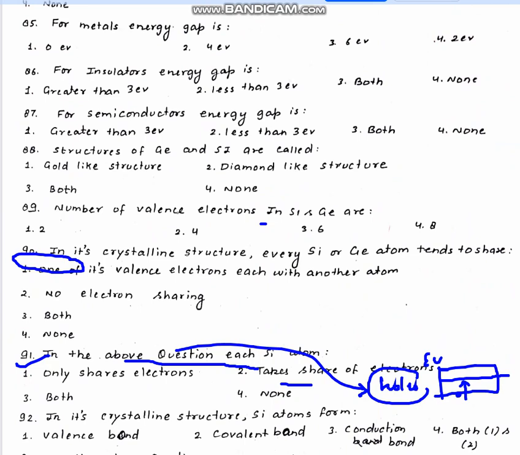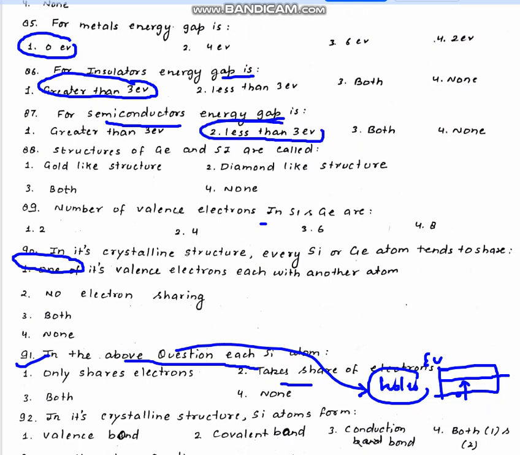Next is for metals, energy gap is like 0 electron volt. Next is for insulators, energy gap is very high, greater than 3 electron volt. Next is for semiconductors, energy gap is less than 3 electron volt, lies between 0 to 3. Next is the structure of germanium and silicon, called diamond-like structure.